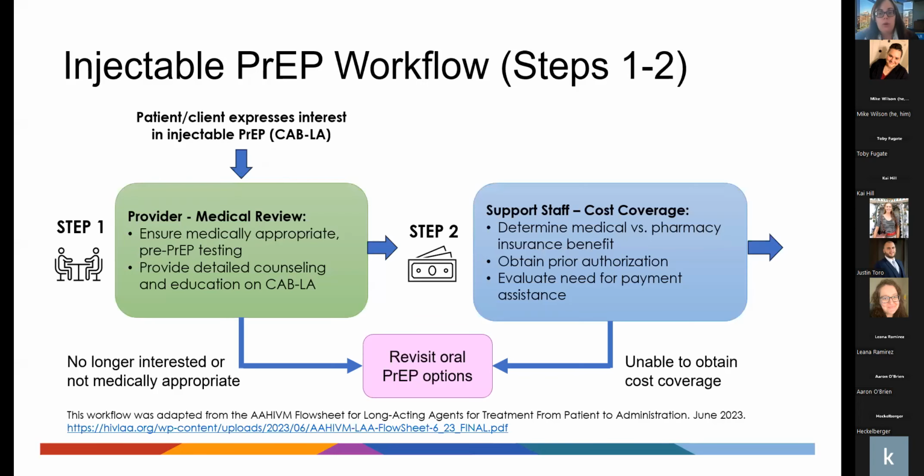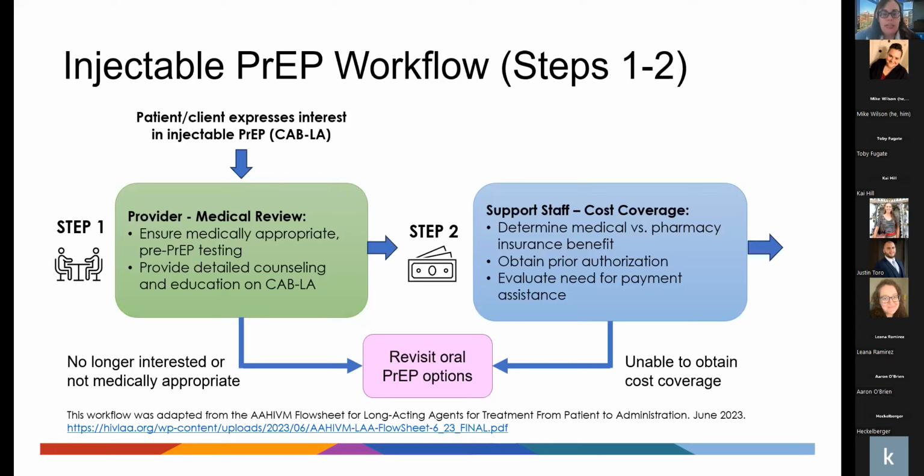As part of our work with New York Knows, we developed this flow, and we'll be sharing a PDF for you as well, but it's available on our website. It goes through 8 steps that really take you from the patient or client interest down to getting through injectable PrEP and either continuing it or completing and transitioning off.